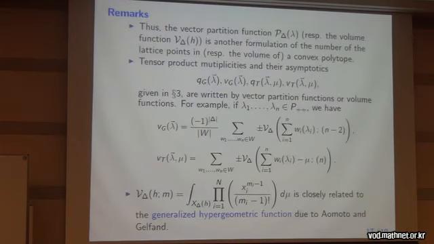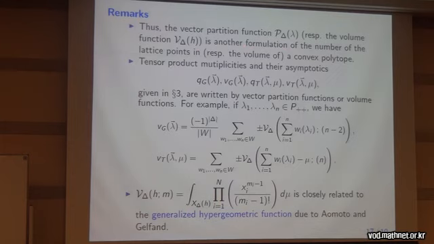So the vector partition function p delta of lambda or the volume function V delta of H is another formulation of the number of lattice points in a convex polytope or the volume of a convex polytope.